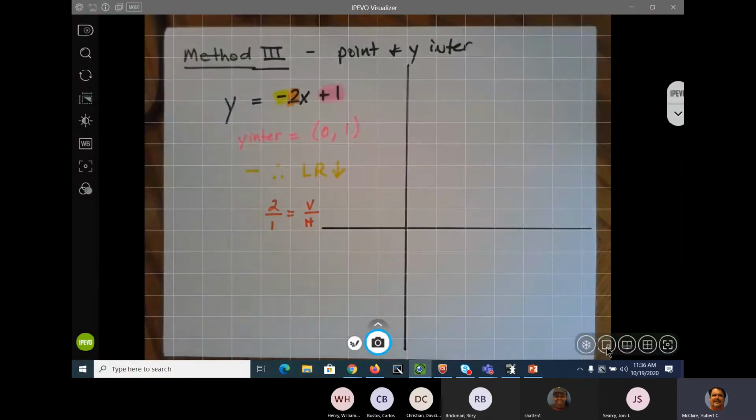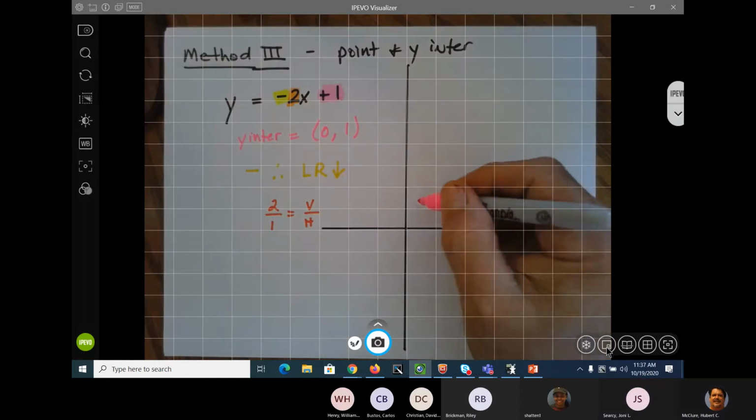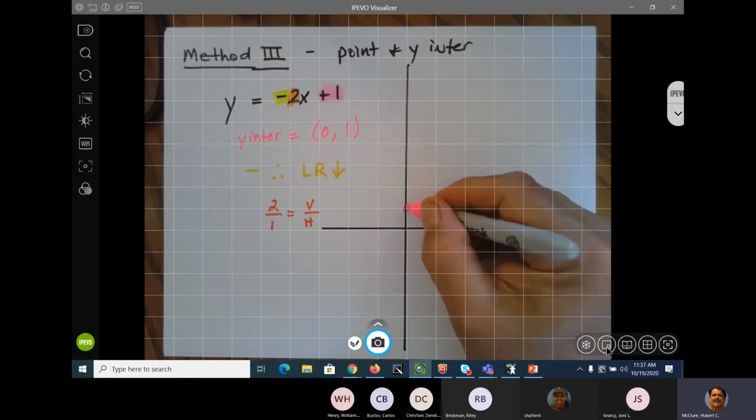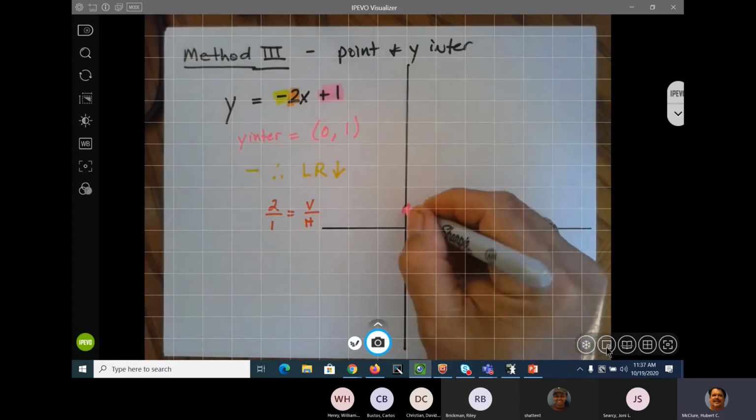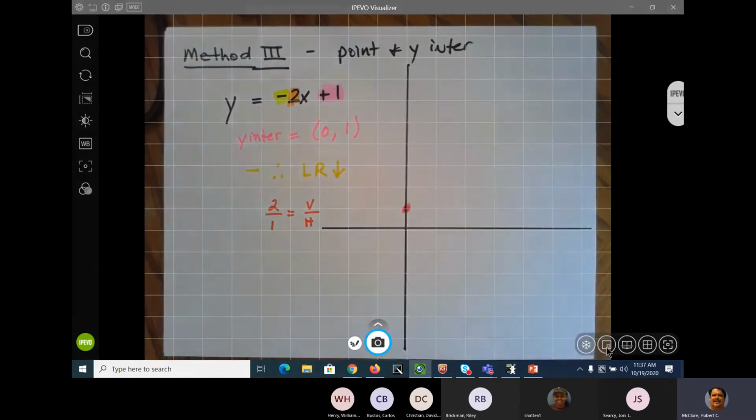And I'm going to plot my y-intercept. That's pink. So 0, 1. This is hard to do when you don't have lines on the paper. You've got to line it up with that. I try.